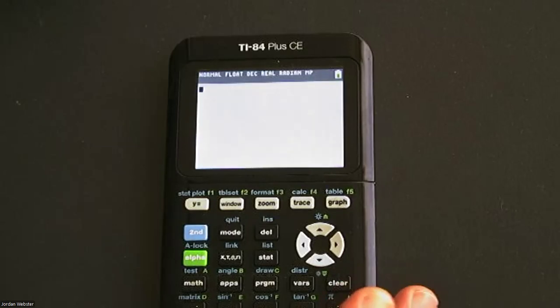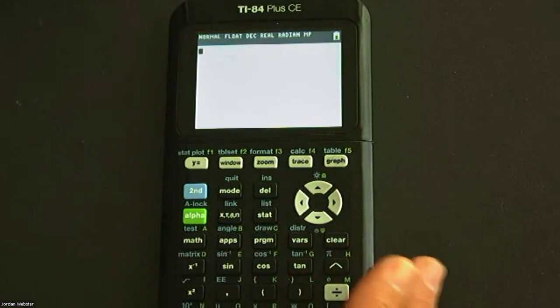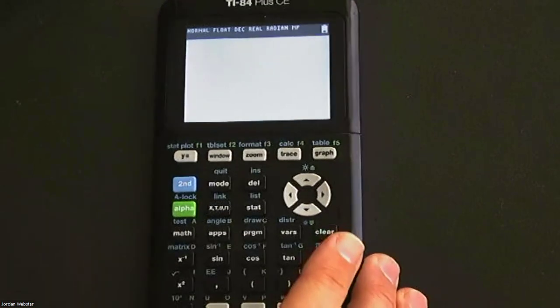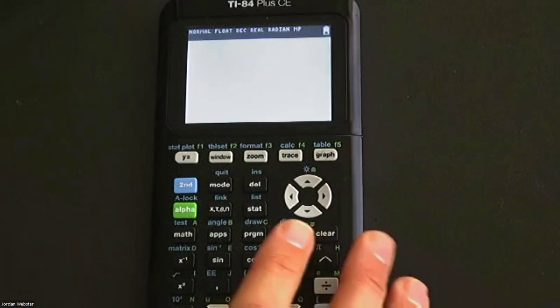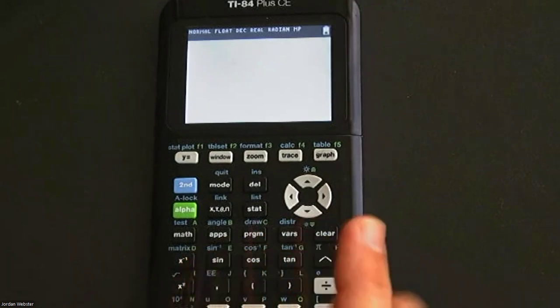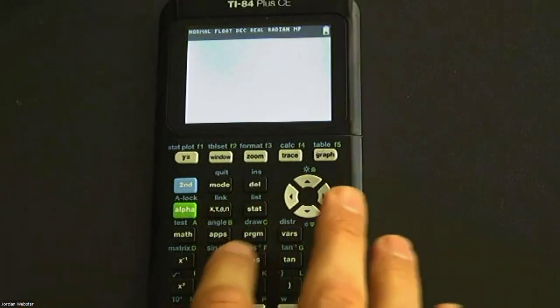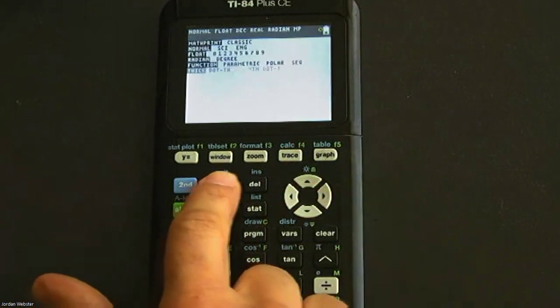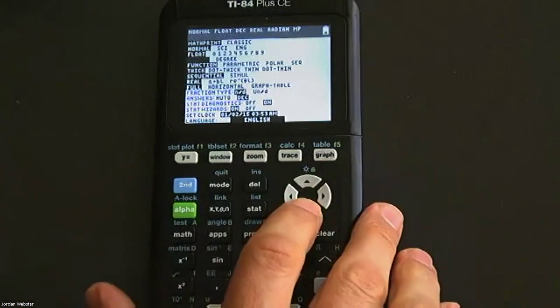So I have my TI-84 pulled up, and we want to be able to do some integration here. We're going to be using sine, and anytime we're doing calculus topics with trig functions, we want to make sure that our mode is in radian mode.